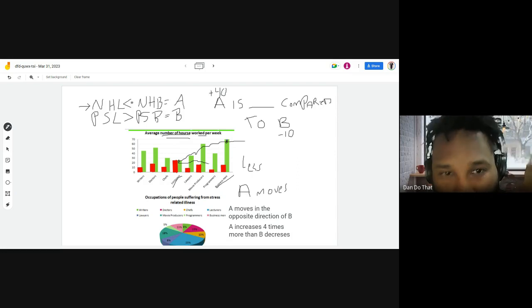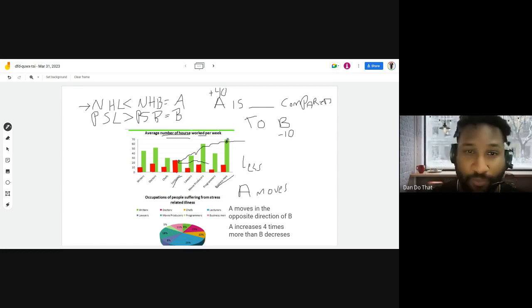The number of hours lecturers and businessmen worked per week moves in the opposite direction of the percentage of lecturers and businessmen suffering from stress-related illness. It's a lot of words to say this very simple thing, which is what we want. It's very complex sentences, which is band 9 level writing.